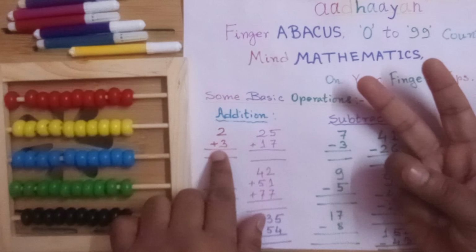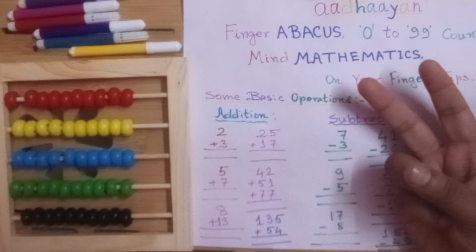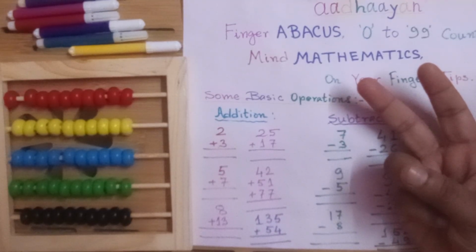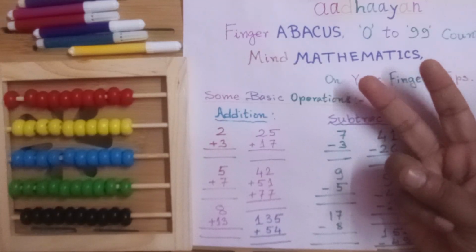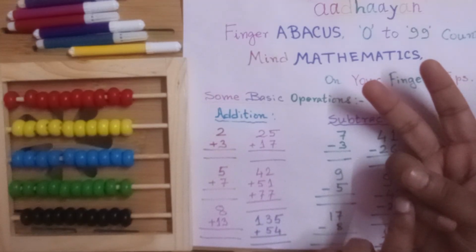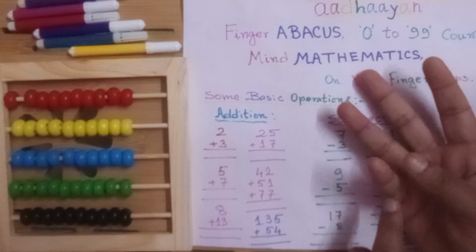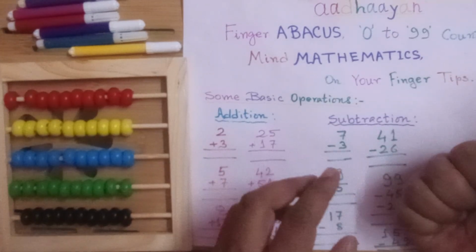2 added with 3. So after 2 there is a sum with 3. So 2, then another 1, 2 and 3.